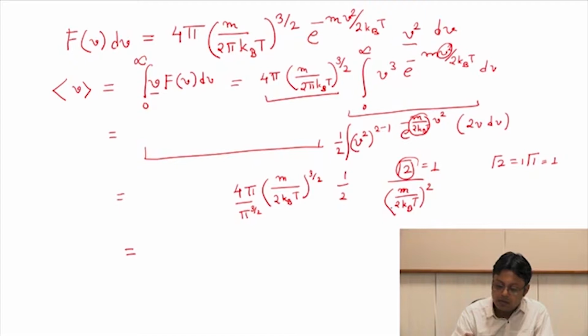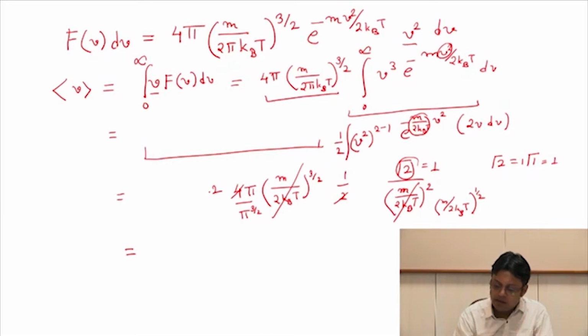As you can see, m by 2 k_B T, this is 3/2, and this is 2, means you can just write it as 4 by 2. So I'll be left with 1 over m by twice k_B T in the denominator, and so it is 4 by 2 and this is 2 by 2, so I'll be left with the square root of that, and then these 2 cancel with this.